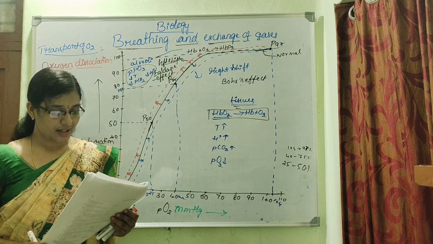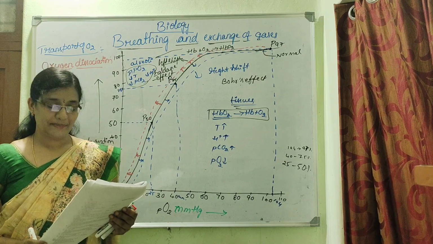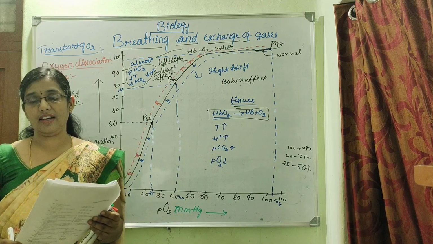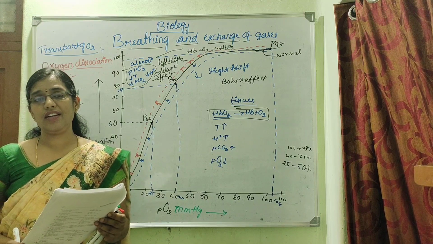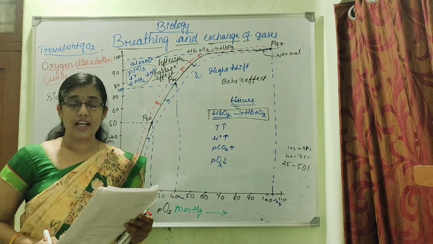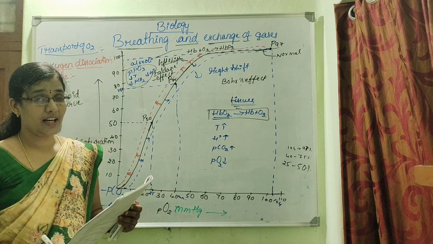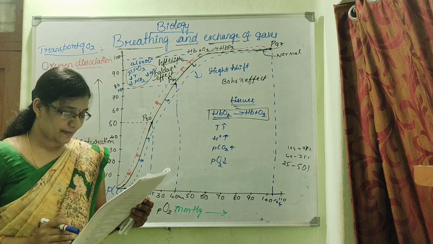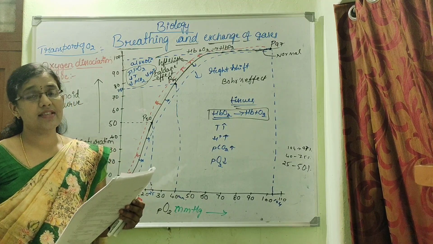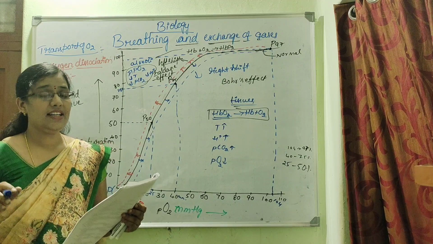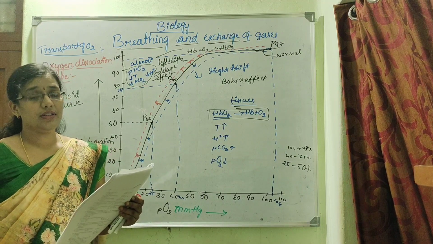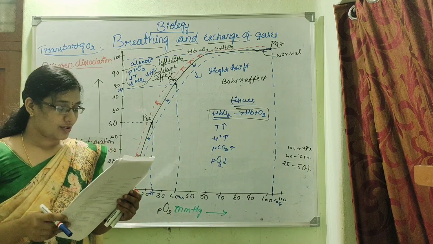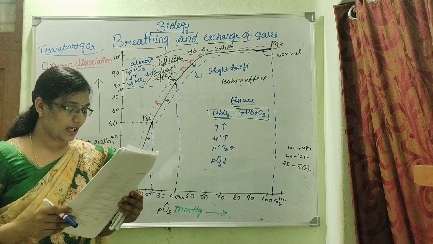The incorrect statement is D. The pulmonary artery carries deoxygenated blood, so partial pressure of oxygen will be less there. Whereas the pulmonary vein carries oxygenated blood, so the partial pressure of oxygen will be more. So option D.